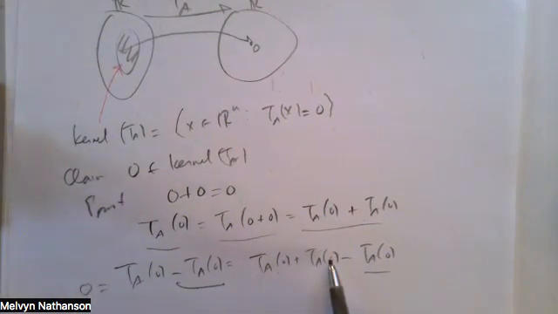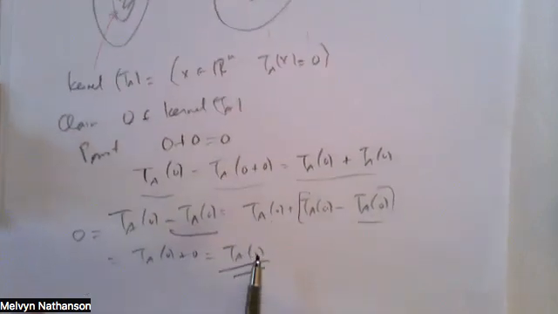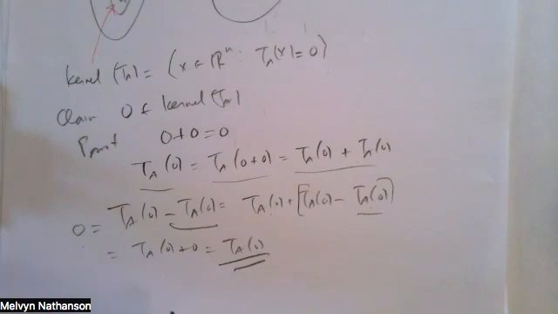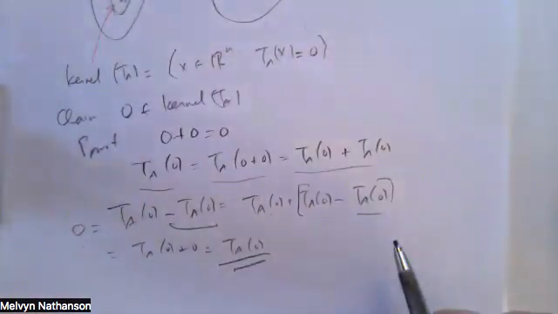This is TA of 0 plus TA of 0 minus TA of 0. So this is TA of 0 plus 0, which is TA of 0. So we get TA of 0 equals 0. So the 0 vector in Rn is always in the kernel.